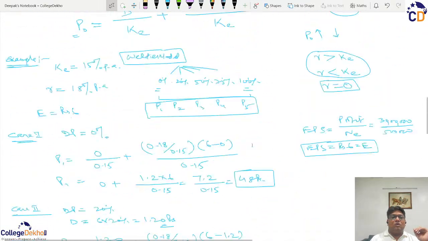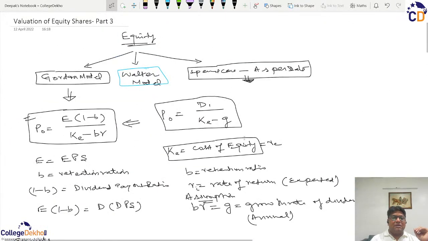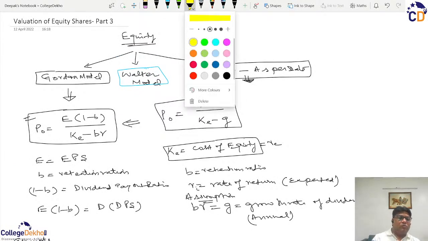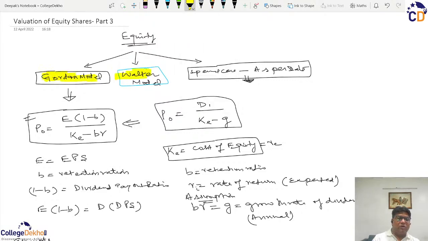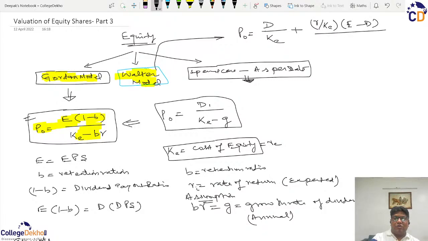So now we have to understand and realize that both, whether it's a Walter model or a Gordon model, have to be followed, but we have to follow this formula as per the Gordon model, and when we come to the Walter model, then the formula to be used, I am writing at the beginning, is that P0 will be equal to D upon KE plus R upon KE multiplied by E minus D, whole divided by KE.